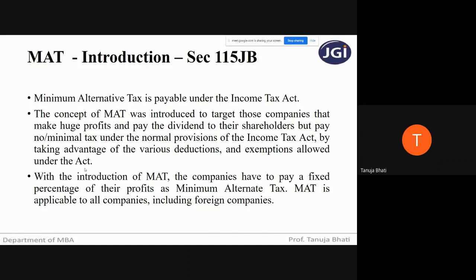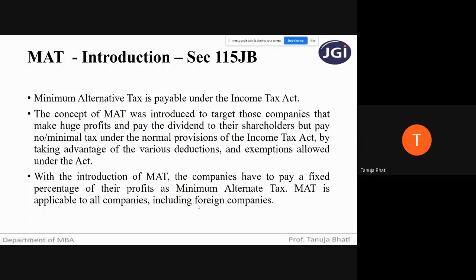So to avoid this problem of the companies paying lesser tax or no tax, the government introduced MAT for the companies. Now, with the introduction of MAT, the companies have to pay a fixed percentage of their profits as minimum alternative tax. So MAT is applicable to all the companies, including a foreign company.